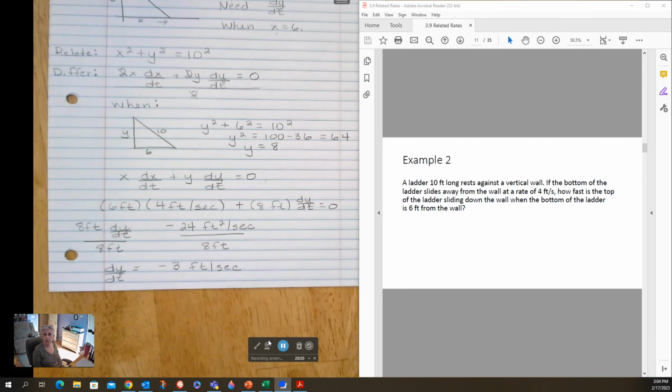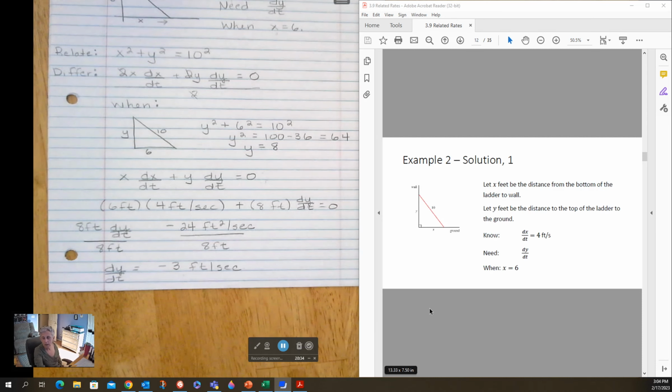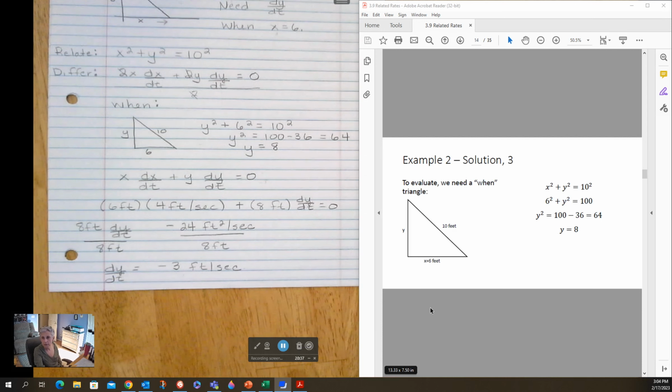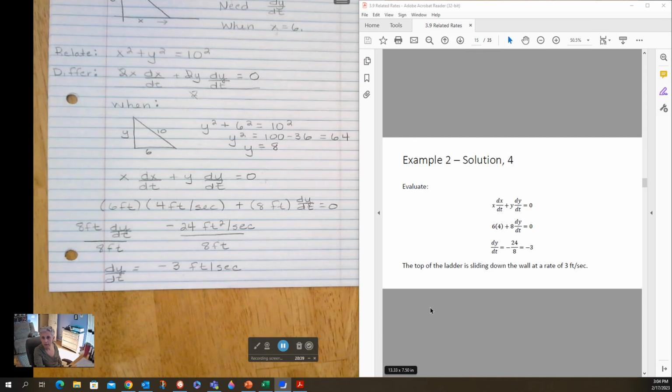Kind of a good error checking device. And we have all the pretty answers here. There's my triangle. And we're sliding down the wall at a rate of 3 feet per second. When you write your sentence, you can say it's sliding down the wall, and you don't have to have the minus there.